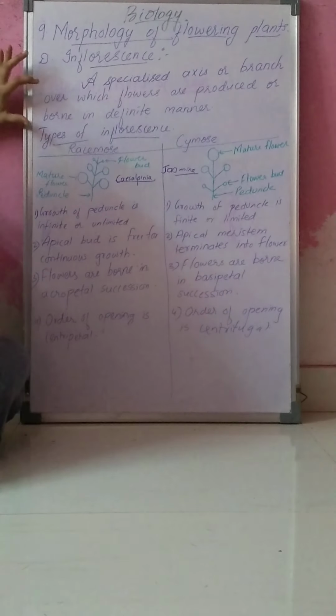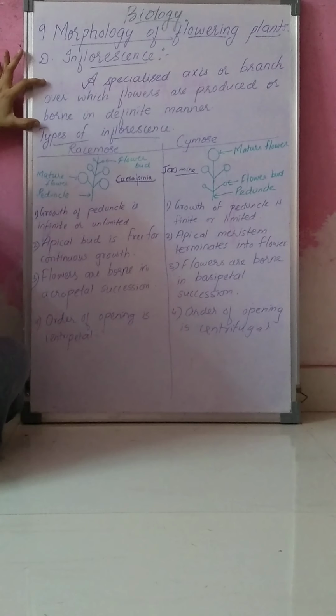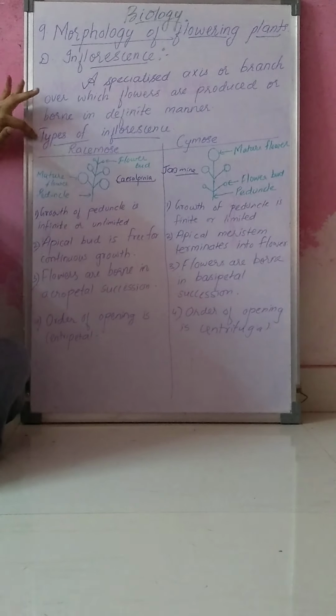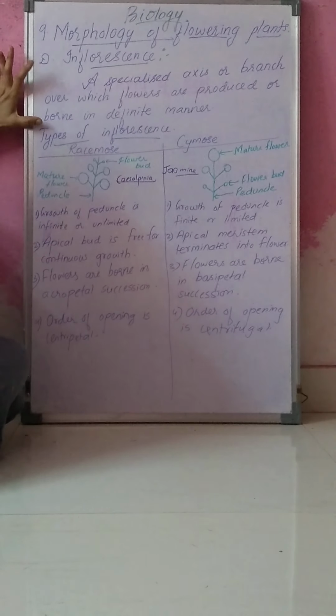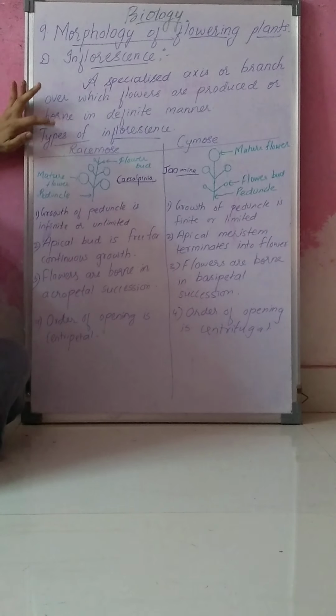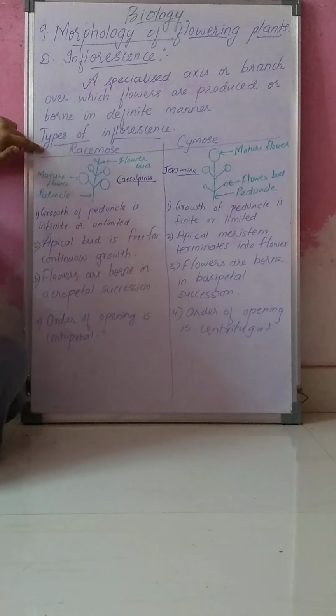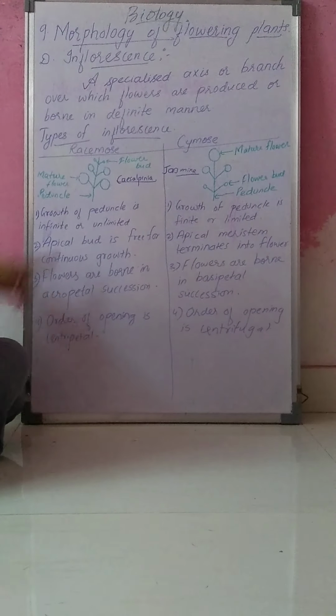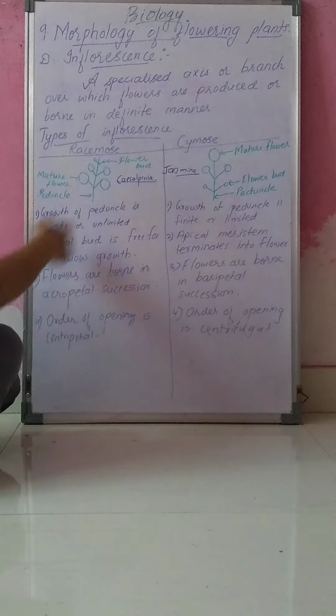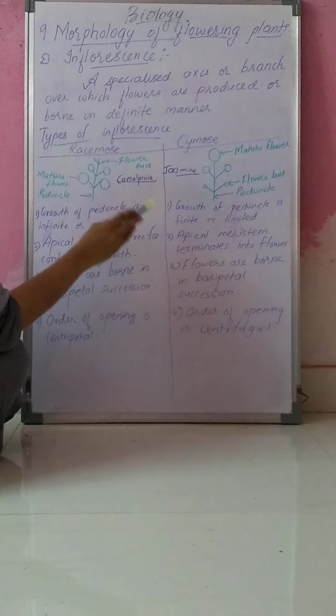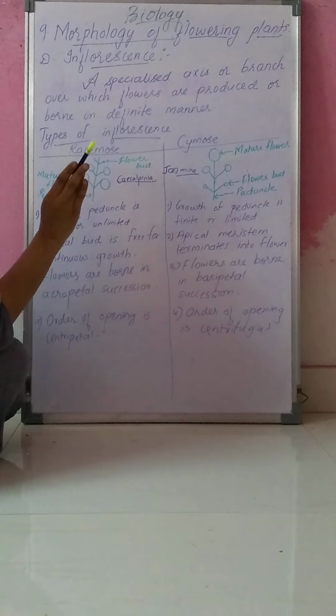Question can be: write the definition of inflorescence and explain the types of inflorescence. If you have to write the definition, then you will write the same definition. And for the types of inflorescence, you have to write number 1, racemose inflorescence, with the 4 points and diagram. And second is cymose inflorescence, you have to write all the 4 points and diagrams.